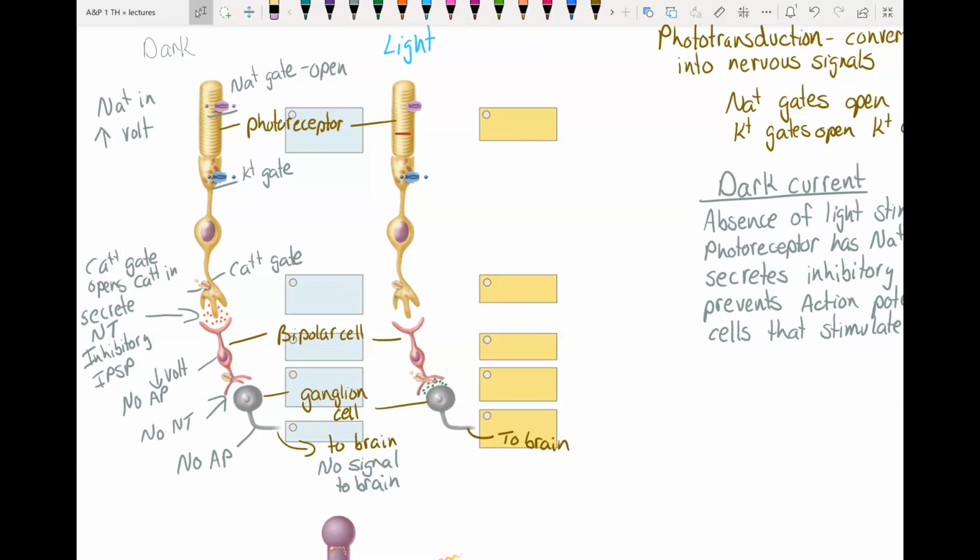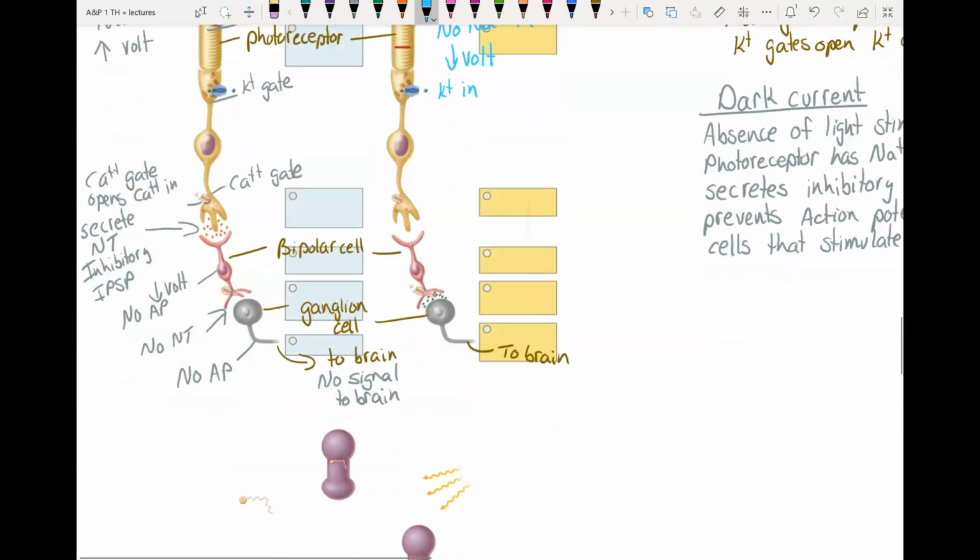Then we have light. In the light, now you have stimulation. The stimulation closes the sodium gate. Sodium stops coming in. In the absence of that sodium going in, your voltage goes down because you do still have potassium going out.